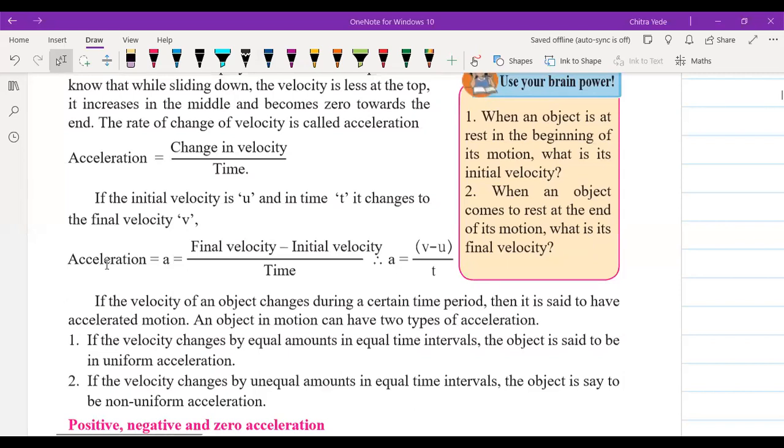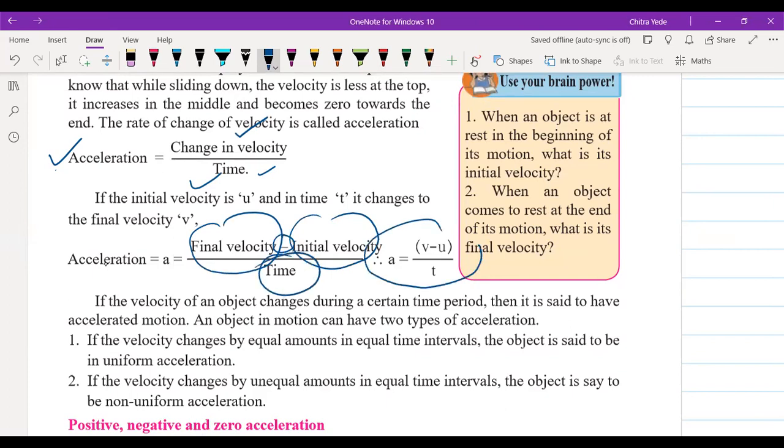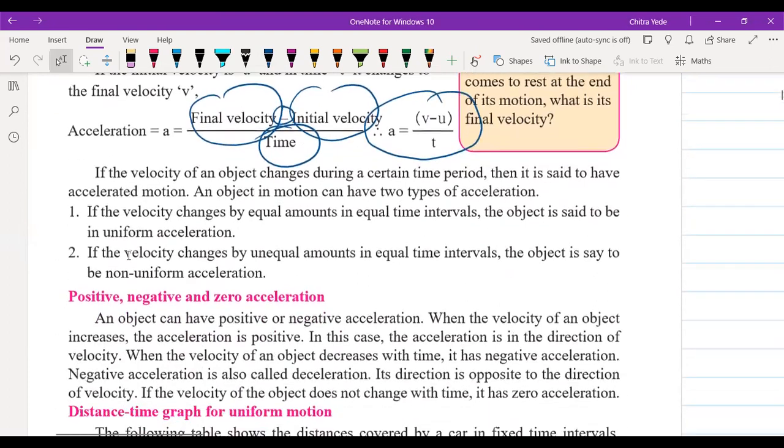Okay, so here we have acceleration, change in velocity divided by time. So final velocity minus initial velocity divided by time. So here we have the formula v minus u divided by time, right? Is it? Yes, sir.